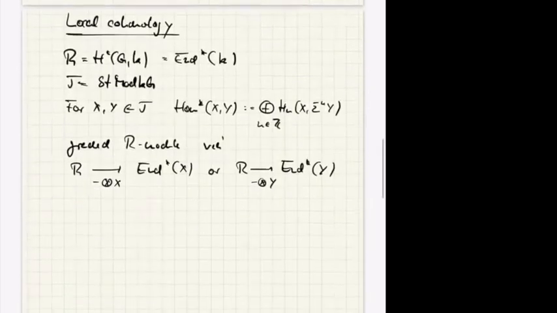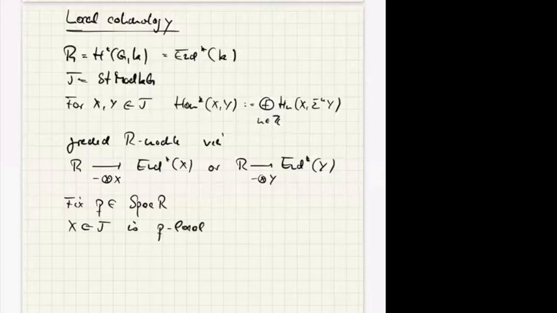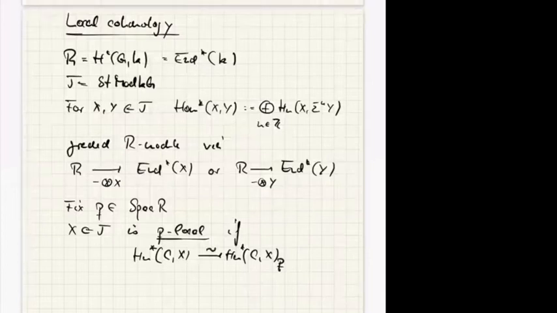Okay, and now we fix a prime ideal, and I said always homogeneous prime ideals. Then we want to define what it means that an object X is P local: if this induced homomorphism from hom CX to the localization, so I can of course localize this, is an isomorphism. So if P localization is an isomorphism for all compact objects, that is, for the compact objects I want that the graded homomorphisms are p-local.